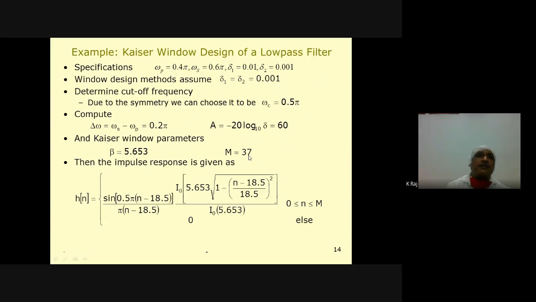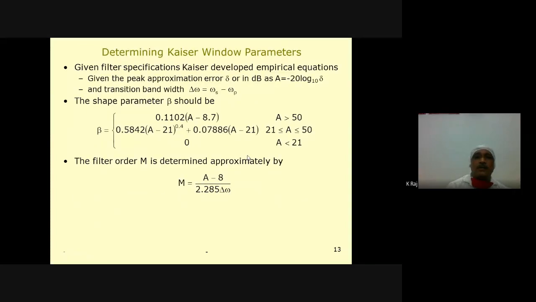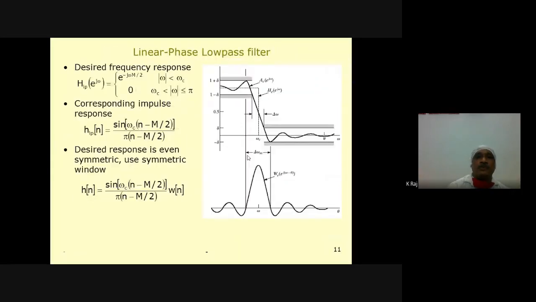After getting M, again come to the previous slide, to see how h[n] will be represented. Here h[n] is sine omega c (n minus M by 2) divided by pi (n minus M by 2), multiplied by the window function w[n].